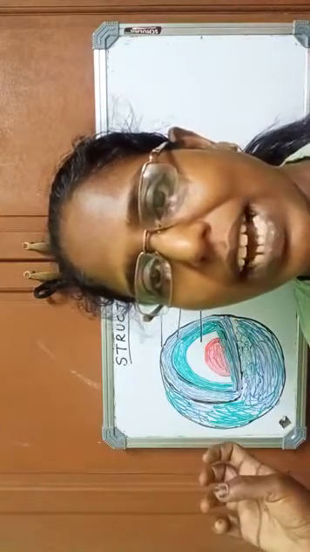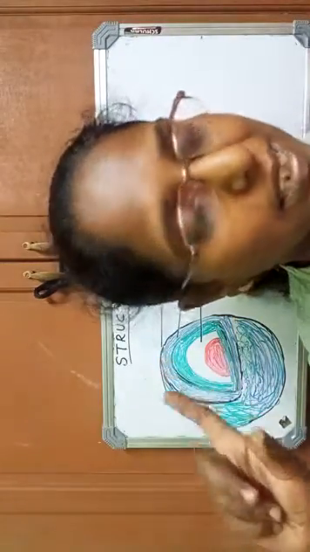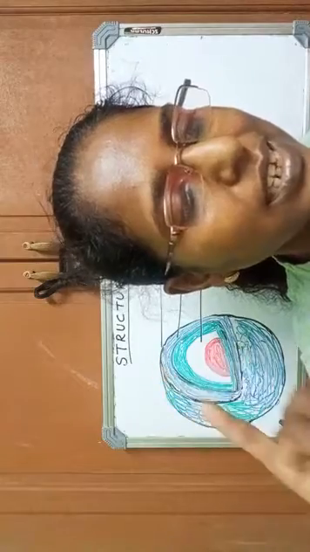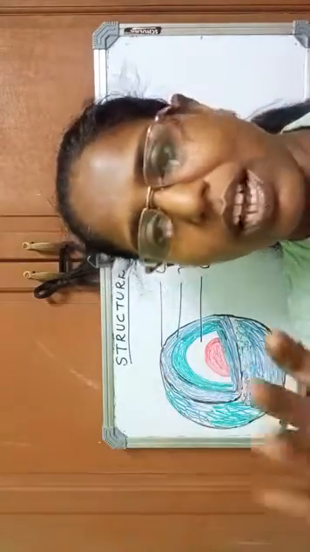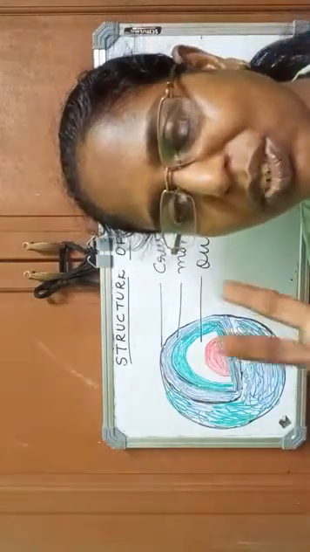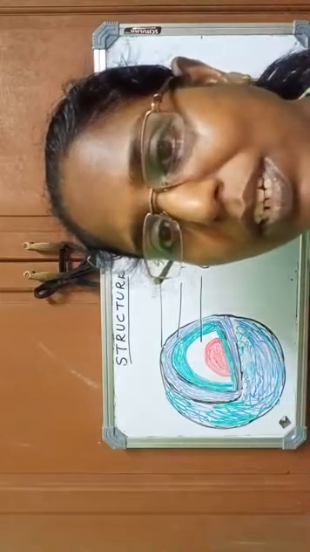The Earth also has mainly 3 parts: crust, mantle, core. And the core is divided into 2 parts: outer core and inner core.